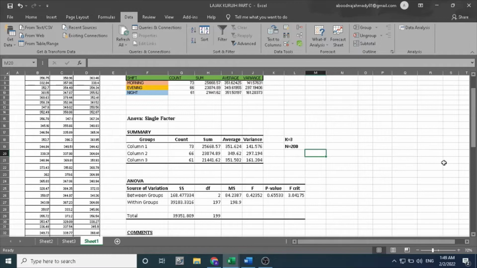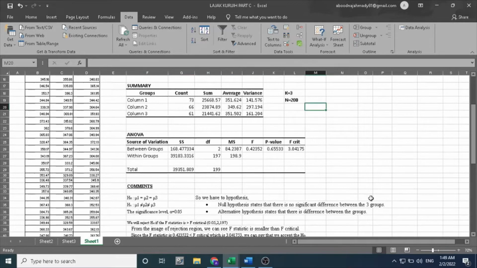After this, we do a hypothesis test. There's H null and H1. The null hypothesis states that there is no significant difference between the 3 groups, and the alternative hypothesis H1 states that there is a difference between the groups, taken at significance level 0.05.